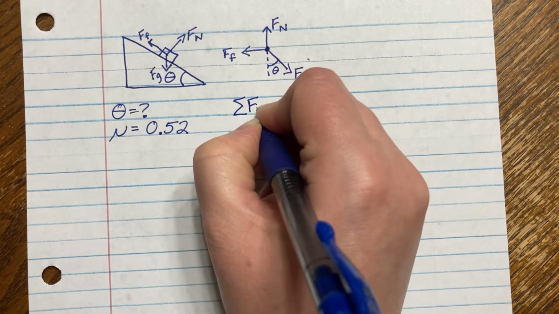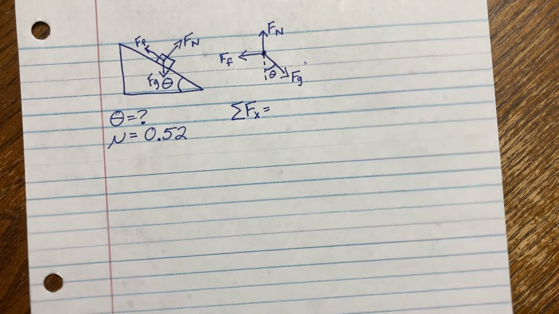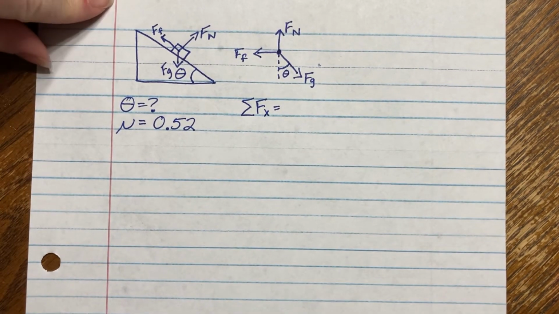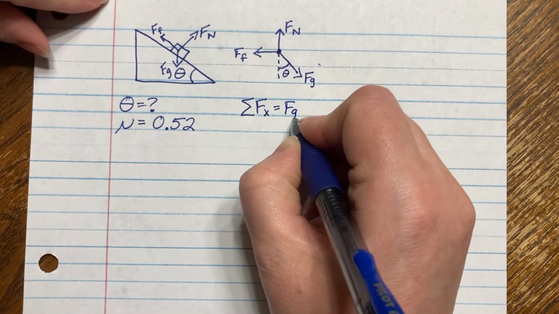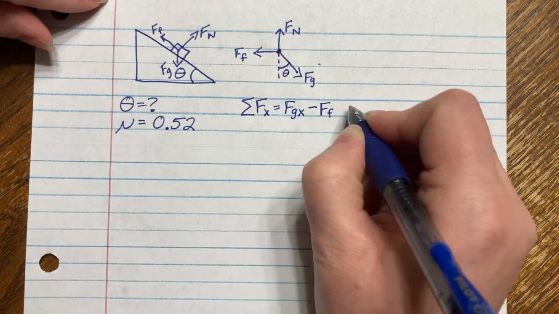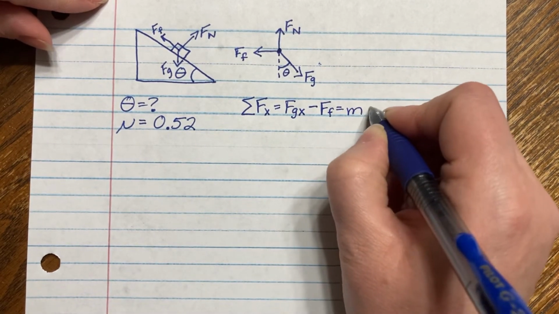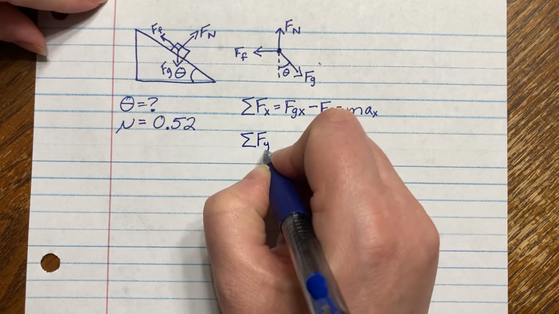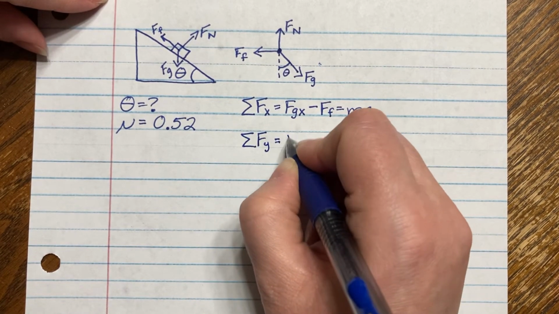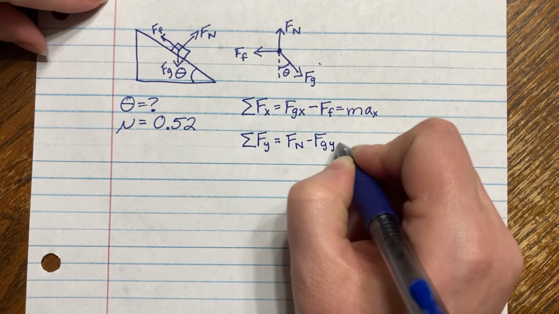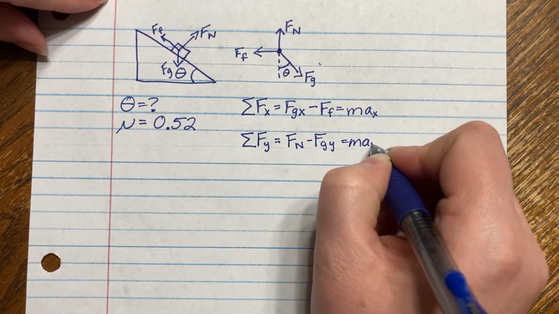In the x direction, we have FGX, and then pulling back, we have FF, equals MAX. And then in the vertical direction, we have FN minus FGY equals MAY.